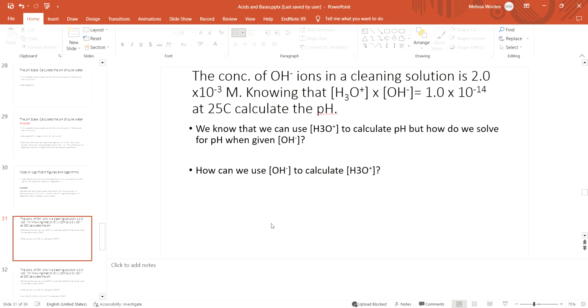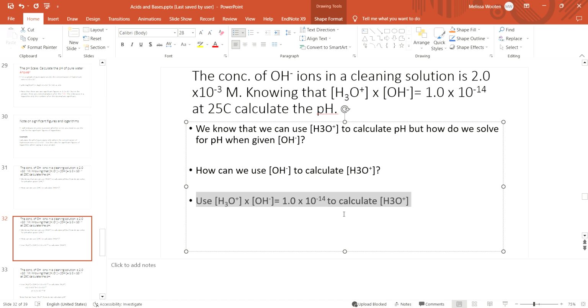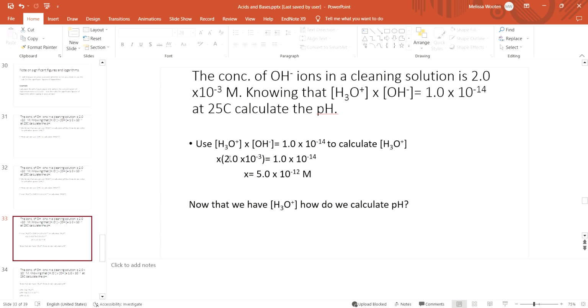So we can use this formula to calculate H3O plus. We have the concentration of OH minus, so we will plug that in here, and our unknown would be H3O plus. And so when you plug that in, you should get 5.0 times 10 to the negative 12th as your H3O plus concentration.